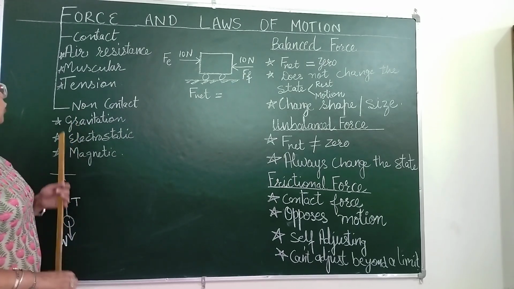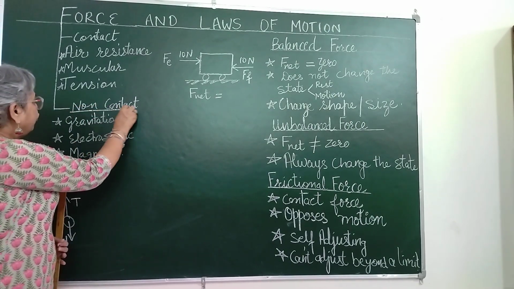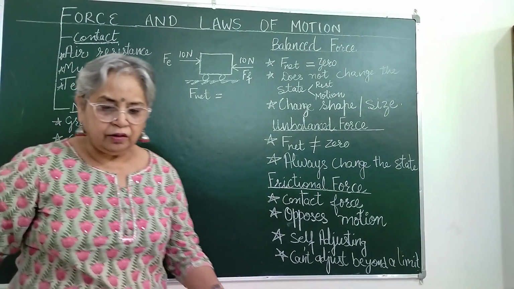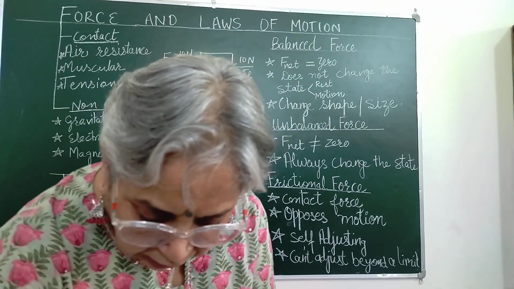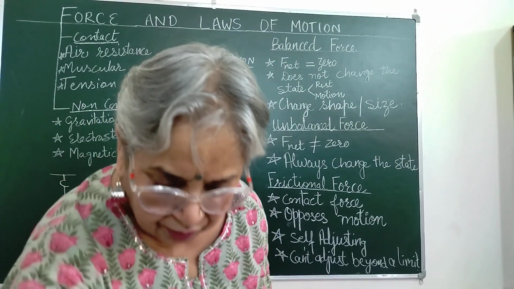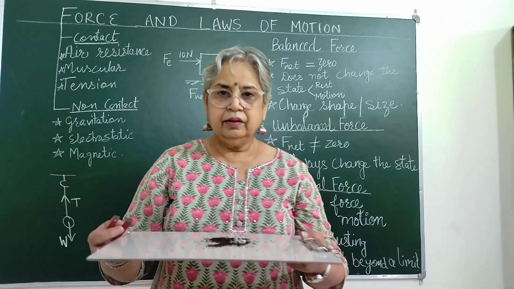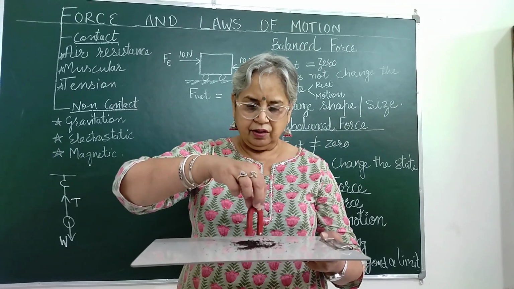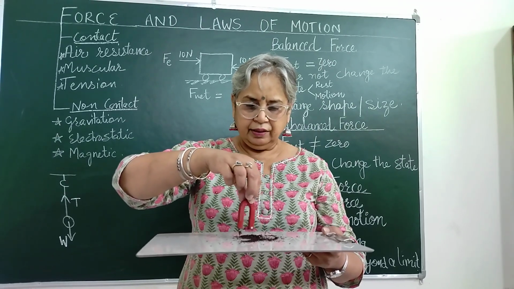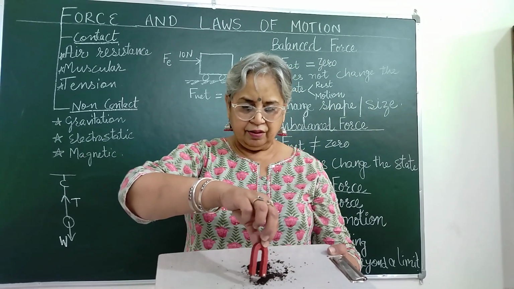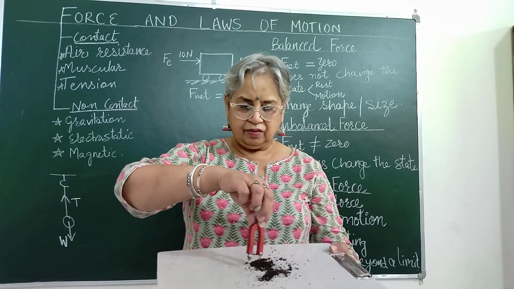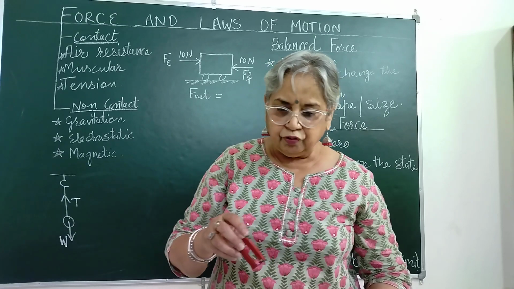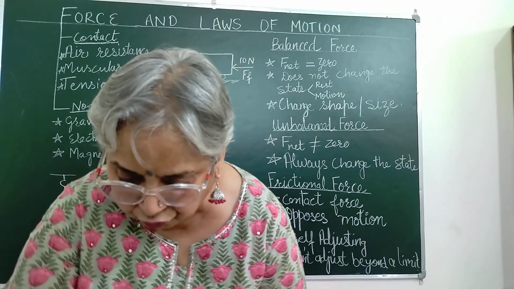Now when we talk about non-contact forces, they are the forces which act from a distance. For example, these are the iron filings and the magnet. See, the magnet is at a distance and still it can exert force. So, magnetic force, electrostatic force.